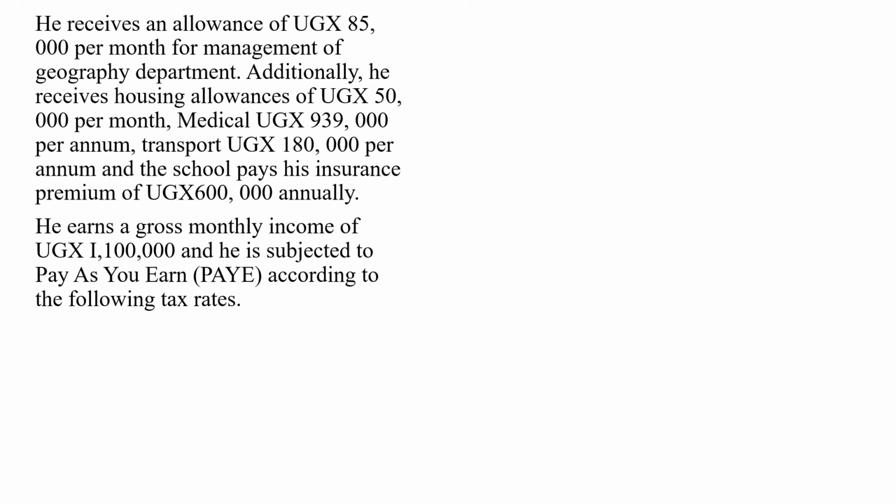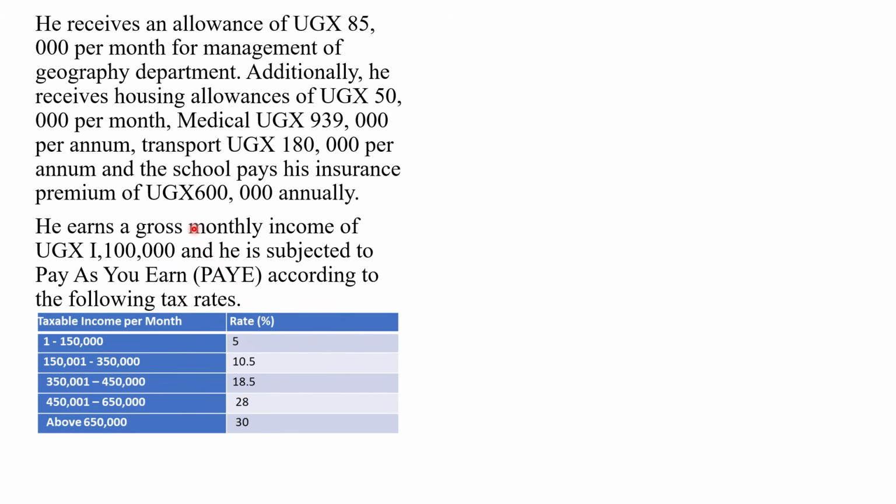Now here we have the allowances. Maybe we focus only on this part on taxation. Now here the taxable income in our table has been given in months. So it means that you have to look for only monthly incomes. If it is allowances, make sure that you look for the monthly allowances.